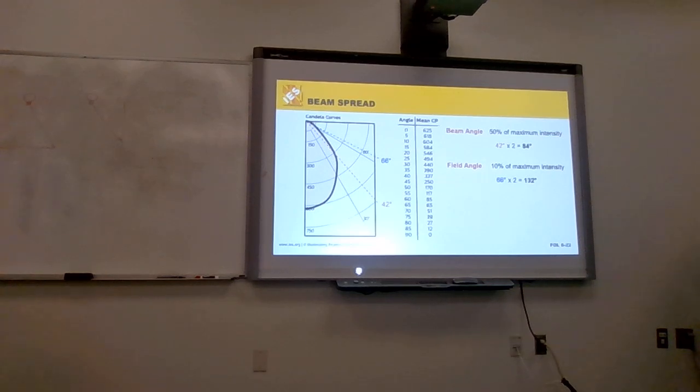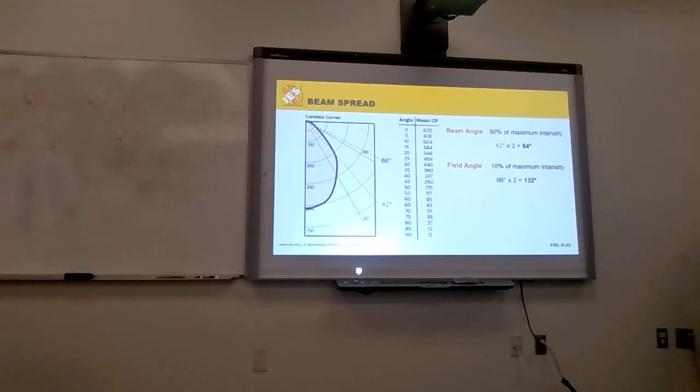Field angles are determined mathematically. Maximum intensity is 625 candelas. As you can see here, let me just see here. What is that here?